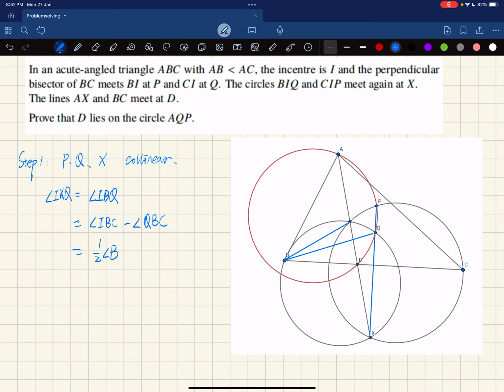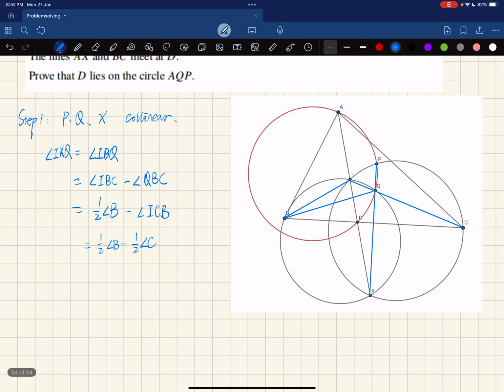We just use A, B, C to stand for the 3 angles of this triangle ABC, okay? So what is QBC exactly? It is QCB, because B and C are symmetric about this line PQ. So angle QBC equals angle ICB, which equals half of angle B minus half of angle C.